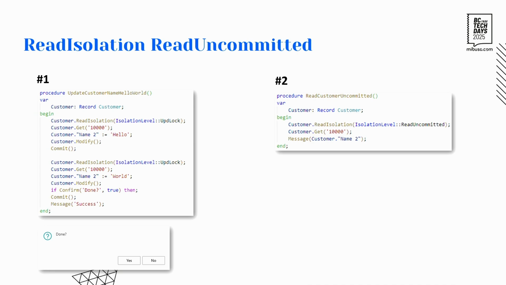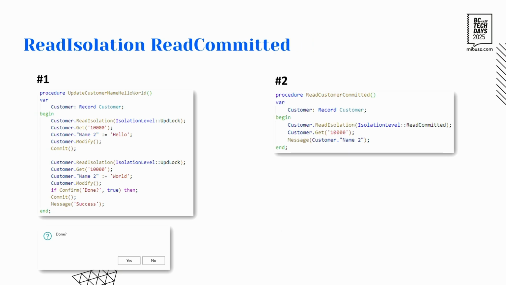So on that one, we'll see, so we read uncommitted, and what do we expect that to show? World, right? Because that is the uncommitted thing we just written to the database, but it's not committed.